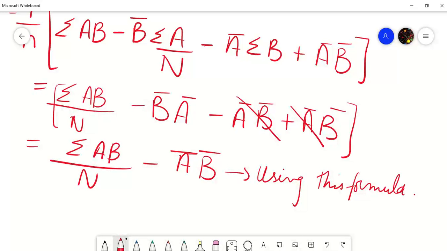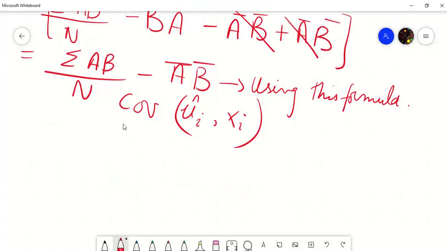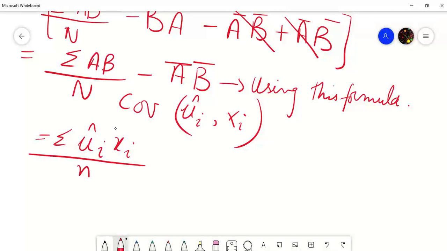So using this formula, if I want to calculate the covariance between mu I hat and xi, it is equal to summation mu I hat xi over n minus mu I hat bar xi bar.